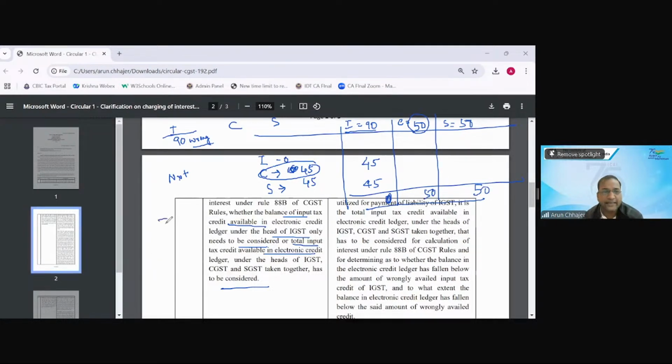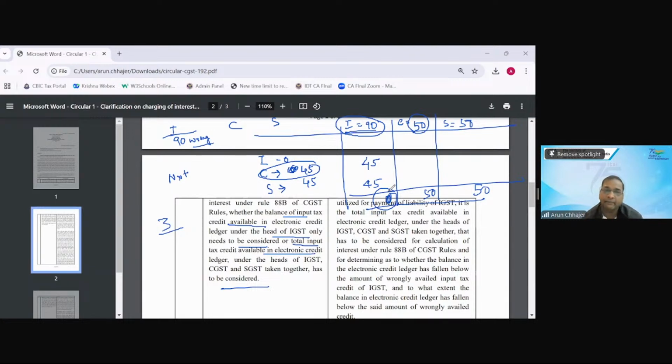Now let's say after 3 months, and there is no transaction after that. After 3 months, the department comes that you have wrongly availed 90 rupees. Yes. So also utilized 90 because the balance is 0.